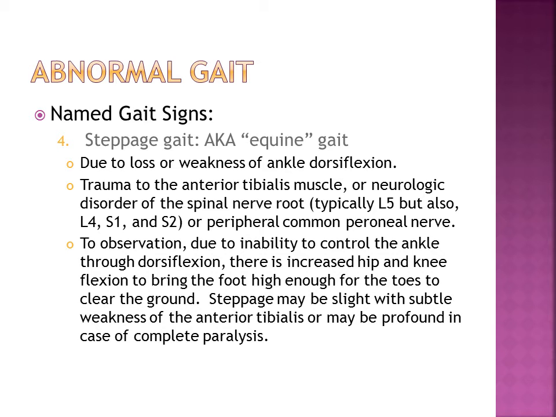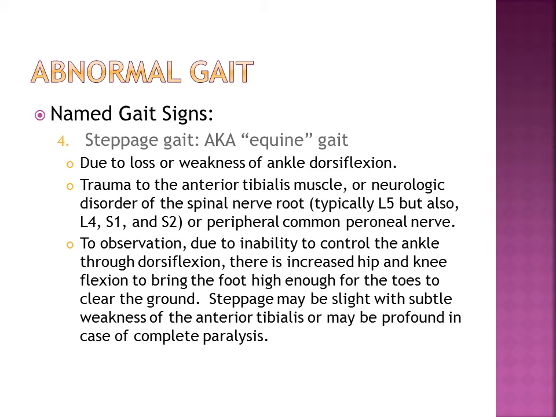Anyone who's ever hit their shin on a door jamb or a coffee table will know that direct contusion can cause an instantaneous weakness of the anterior tibialis muscle and make walking interesting.